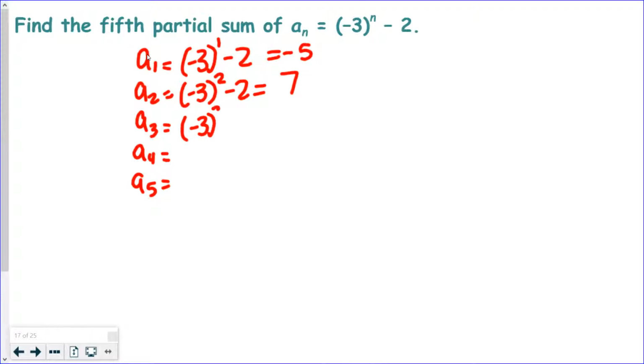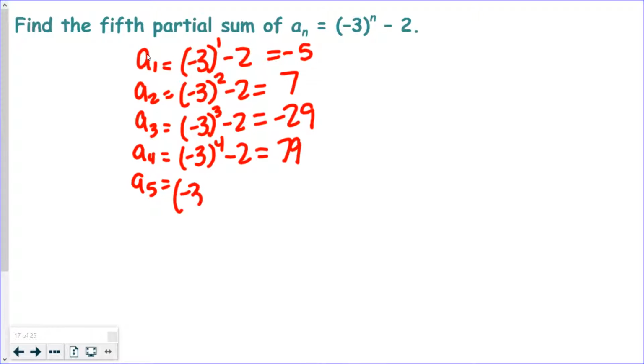Negative 3 cubed minus 2. Well, that's negative 27 minus 2, which is negative 29. Negative 3 to the 4th minus 2. Negative 3 to the 4th would be 81 minus 2 is 79. And then negative 3 to the 5th minus 2.